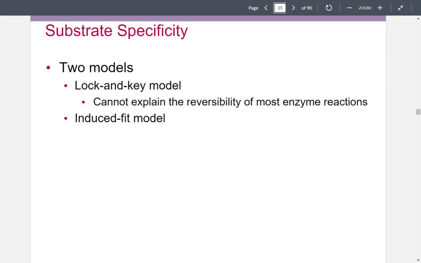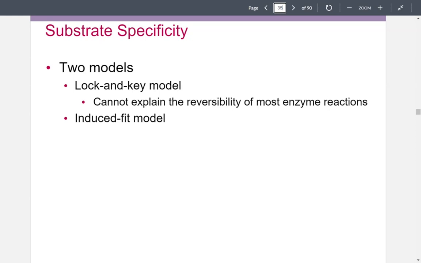Here's the problem. Most enzymes can also be used to reverse the reaction. So if we have two amino acids that are broken apart, we can put them back into the enzyme and put them back together again, which is where the lock and key model falls short.